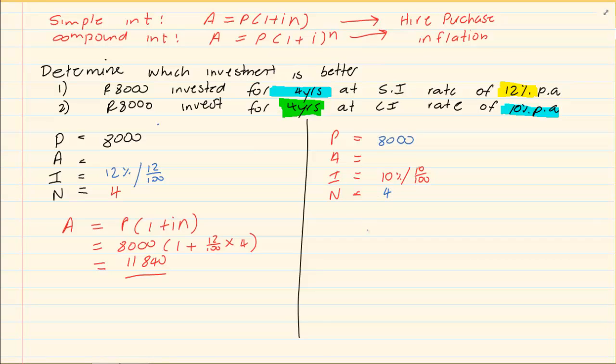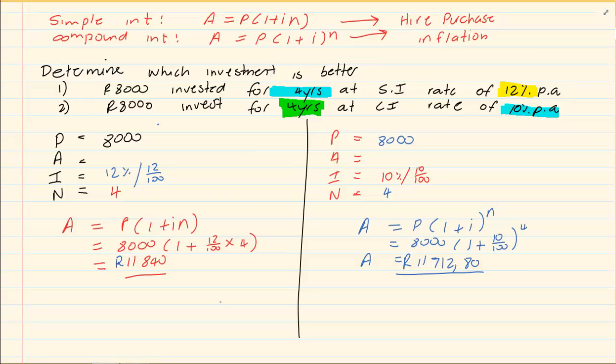Then you substitute into your formula. Be careful, make sure that you are using the correct formula. Which gives us 11,712 Rand 80.